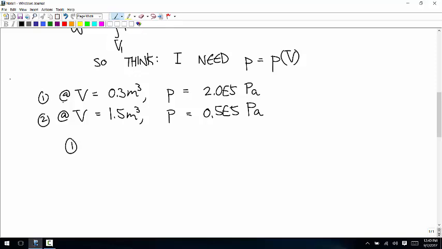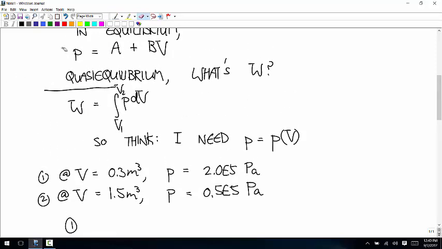Our first equation says, if you look at this linear function, the pressure of 2 times 10 to the 5th is equal to A plus B times 0.3. And the second equation is going to say 0.5 times 10 to the 5th is equal to A plus B times 1.5.